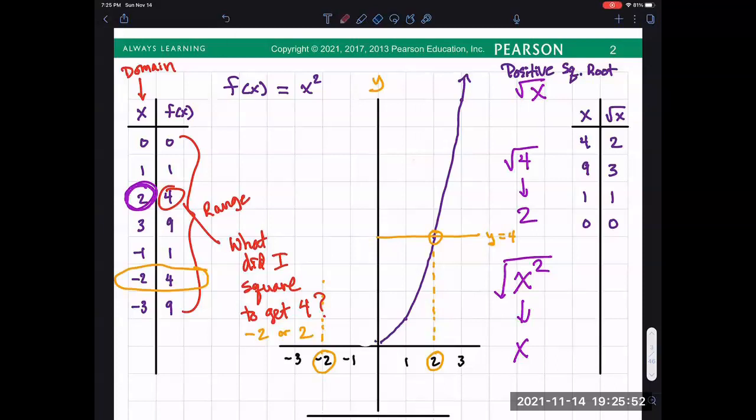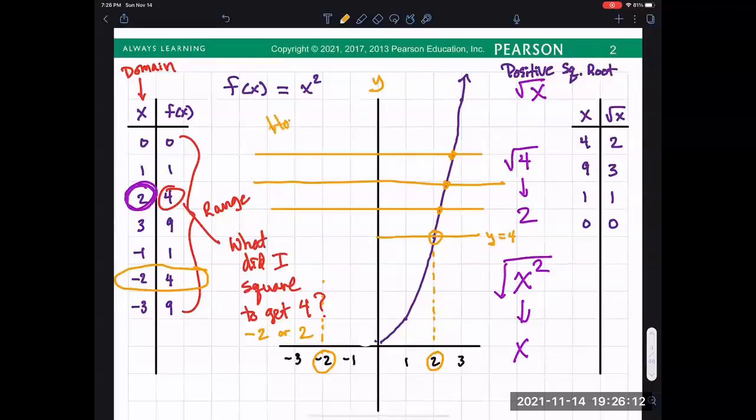This creates a test that's like the vertical line test for a graph, but now it's a horizontal line test. And basically, if you can imagine a graph not intersecting any horizontal lines twice, but only once, then that passes what we call a horizontal line test.